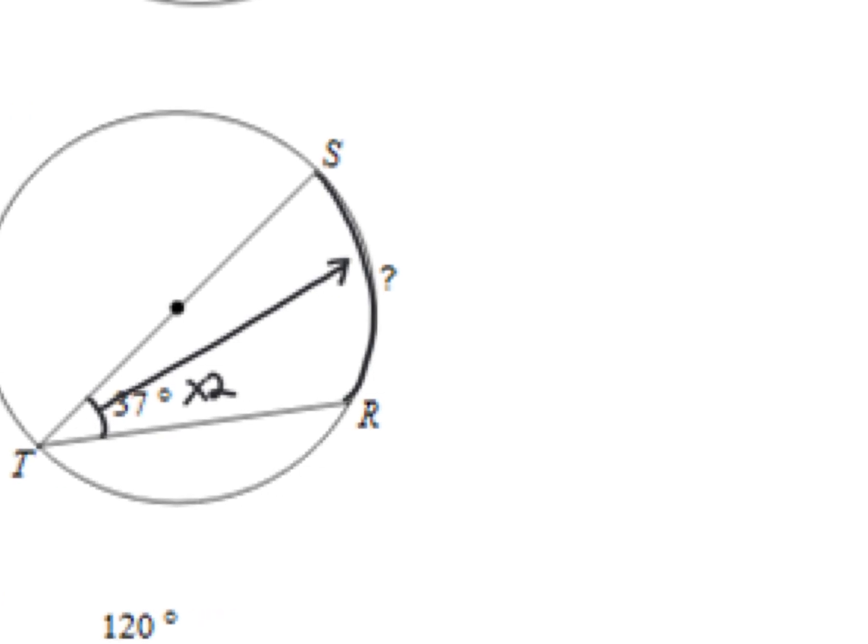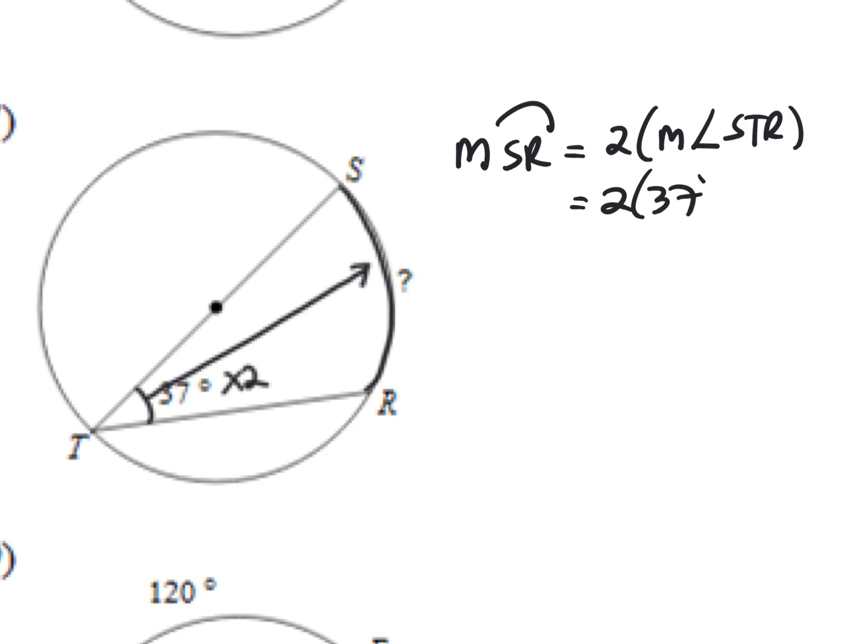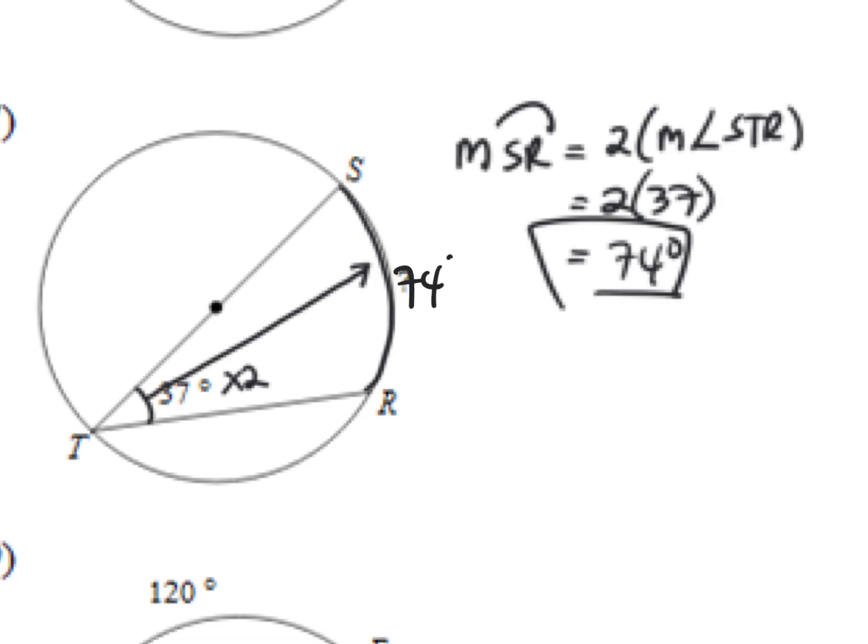So the measurement of arc SR is equal to 2 times the measurement of angle STR. It's going to be 2 times 37. Okay, 37 times 2 is going to give you 74 degrees.